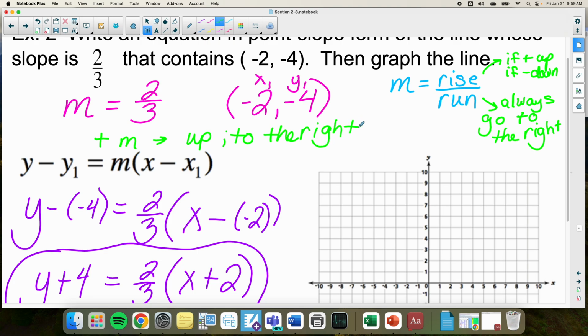If you have a negative slope, you're going to go down and to the right. And that would be something too. I don't know if I have that on. Does anyone have their cheat sheet out? Do I have anything about any of this on your cheat sheet?